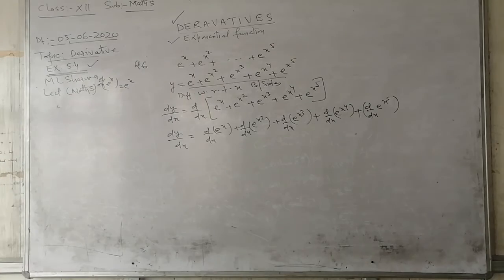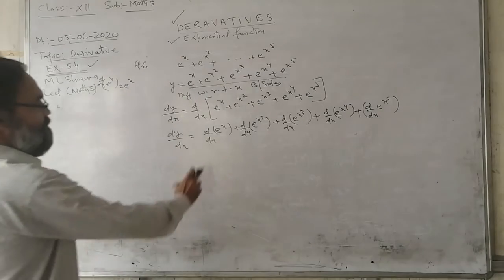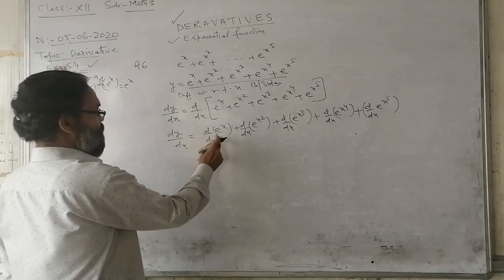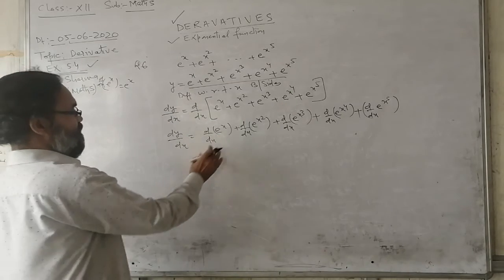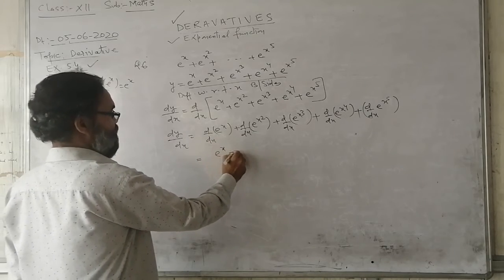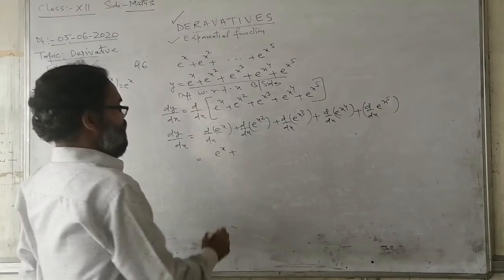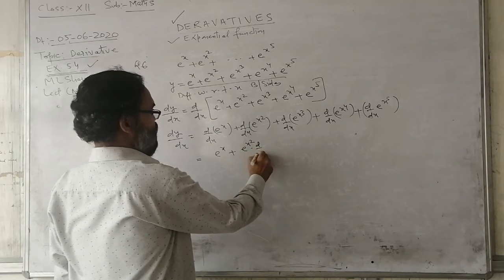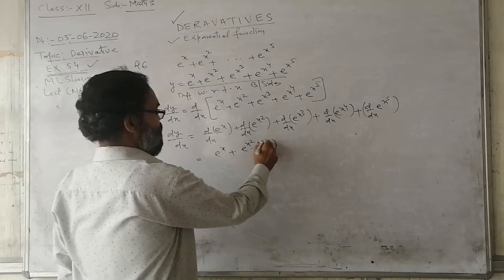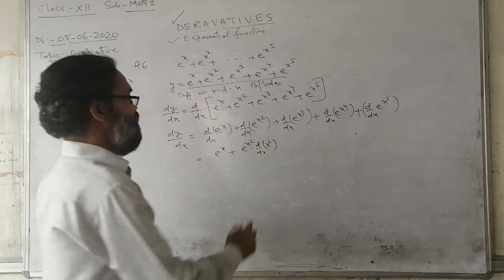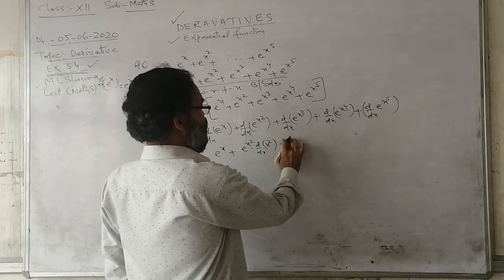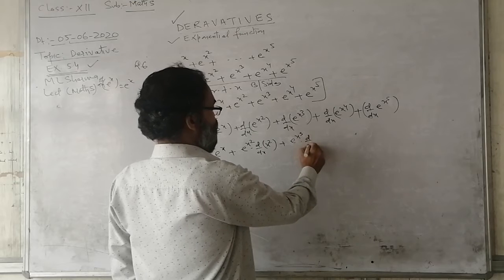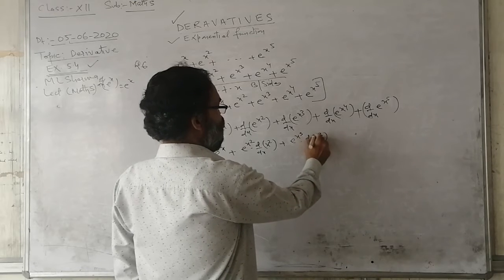So these are the 5 terms. All are exponential functions. Now e raised to power x, its derivative is e raised to power x. For e^(x²), its derivative will be e^(x²) into the derivative of x². Here, the derivative of e^(x³) is e^(x³) into the derivative of x³.